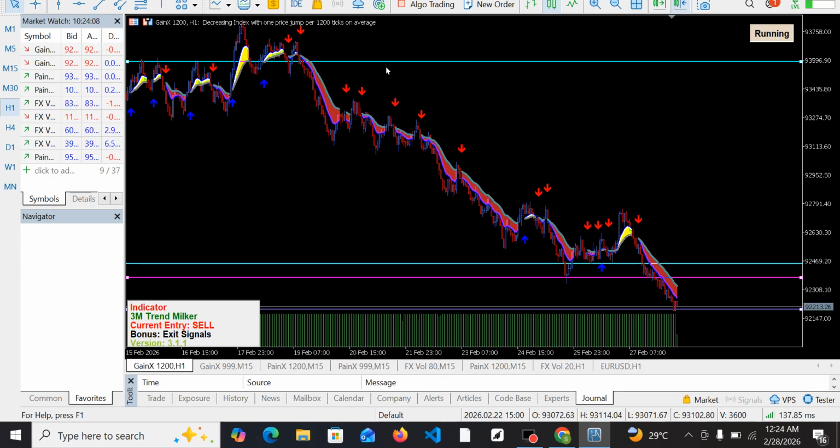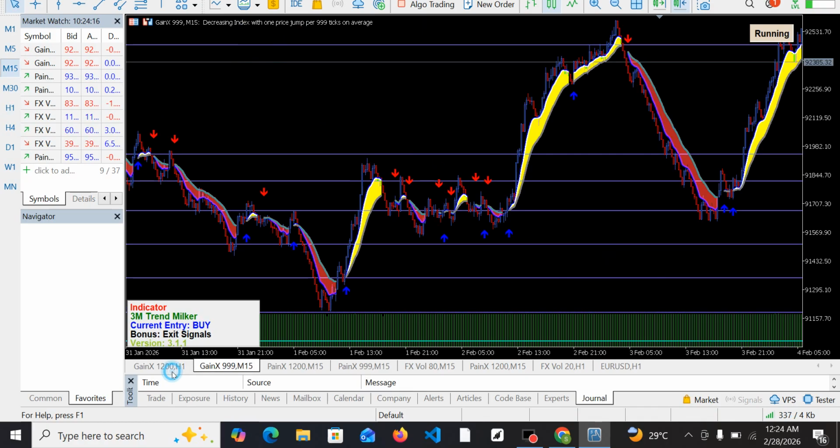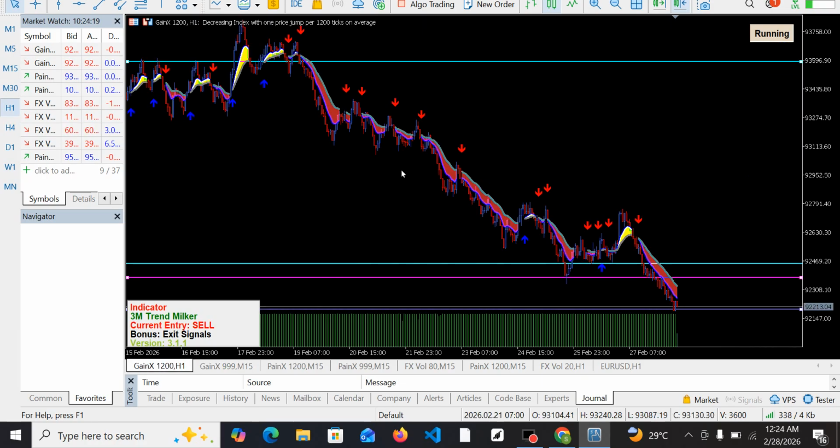Now let's see other assets. Let's see Ganex 1200 first to see what the market is still giving to us. You can see this is still selling today, which means this is still going to sell more. Let's see it on H4 just for us to also check out.